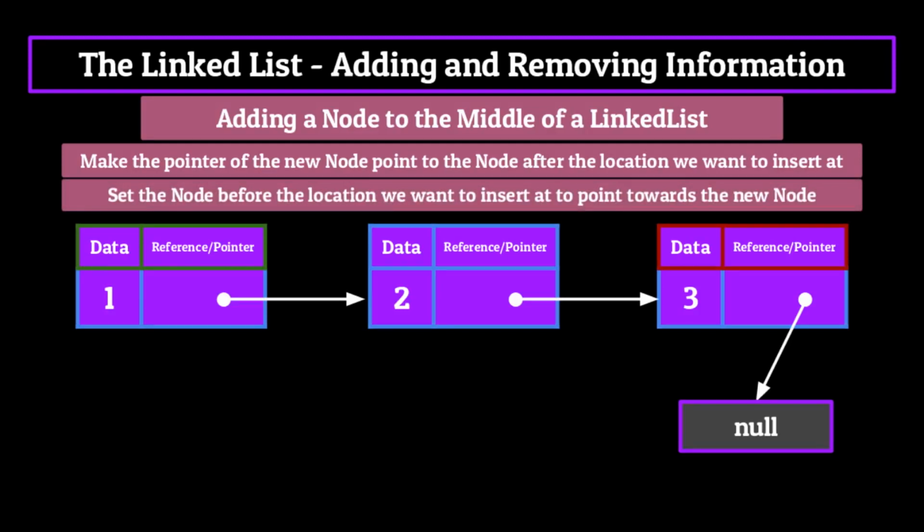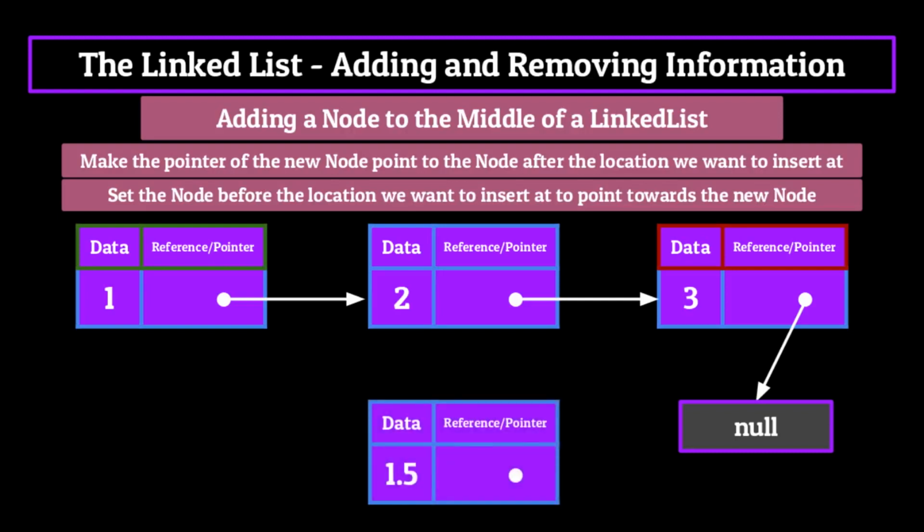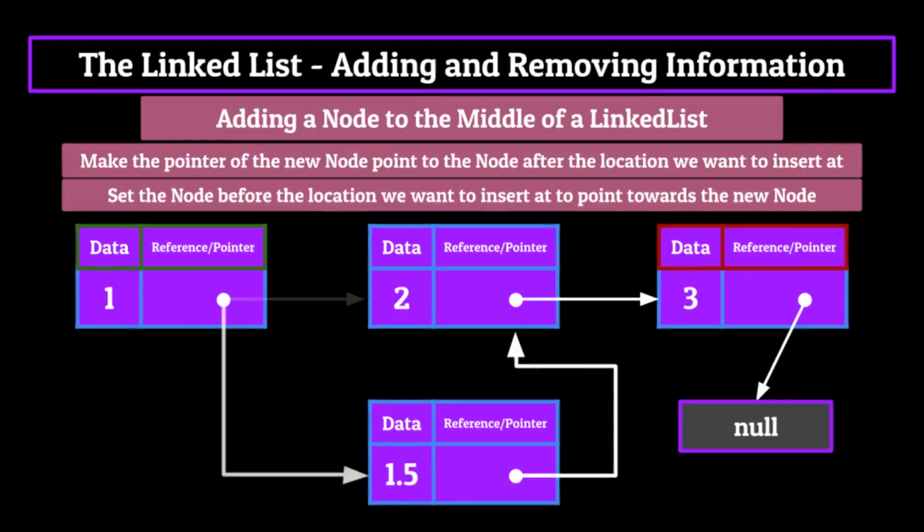So, if we wanted to insert a node with the double value 1.5 after the node containing the integer 1, but before the node containing the integer 2, what we would first do is set the new node's pointer to point to the node containing the integer 2. Then, we would make the node containing the integer 1 point towards our new node, which contains the double 1.5.